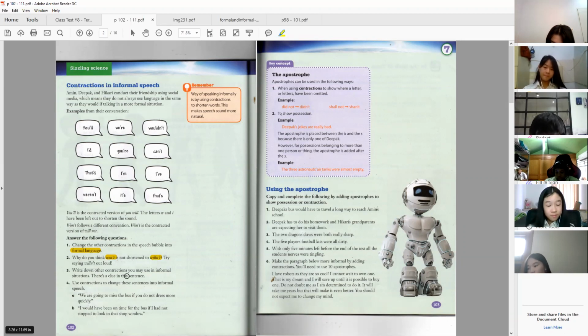I would have been on time for the bus if I had not stopped to look in that shop window. How to use contractions here?